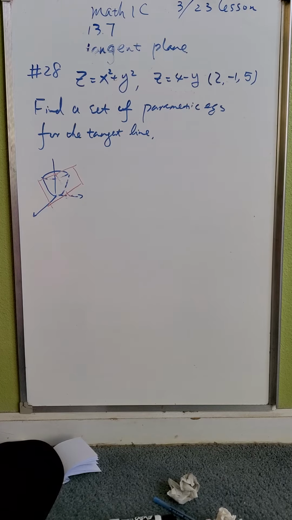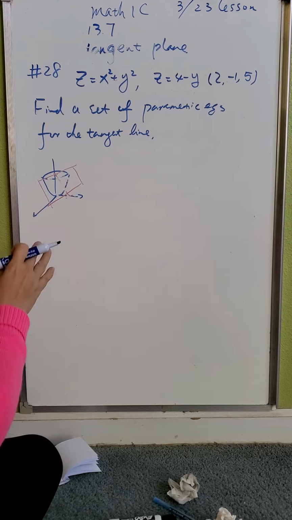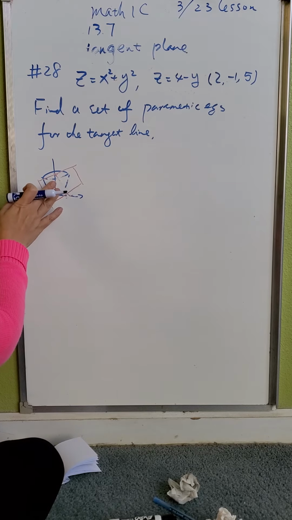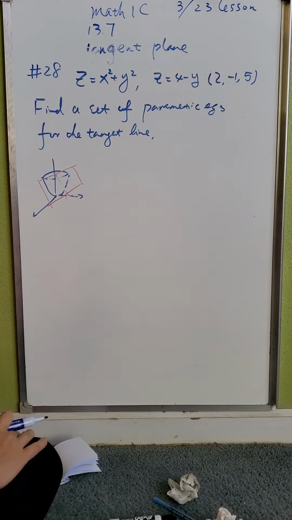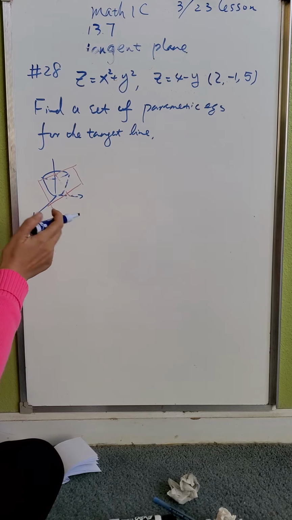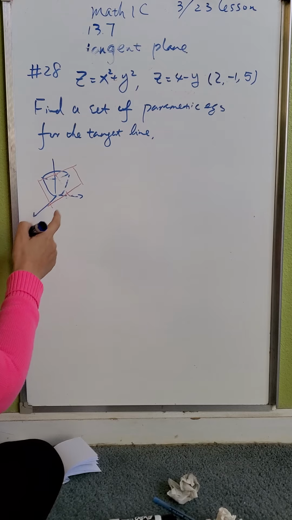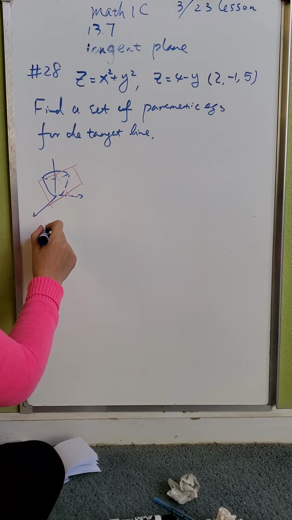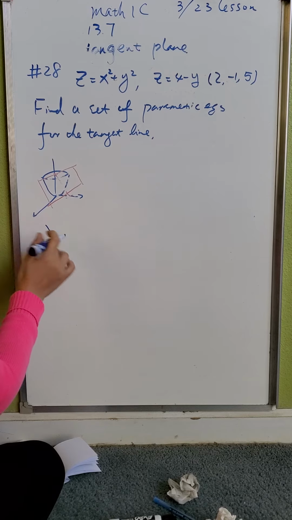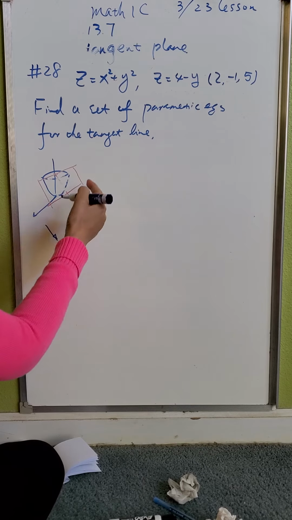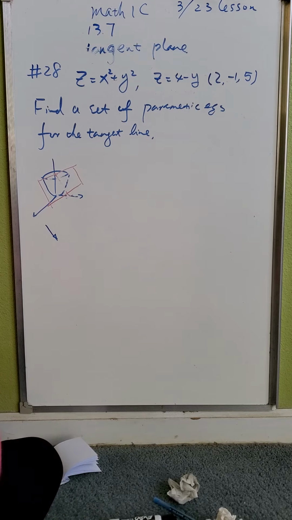So what we need to do is find the gradient of each one of them, and then take the cross product. When you cut through it, for this part, there's a gradient for the bowl, it's like this, and there's a gradient for the other one, the red plane.